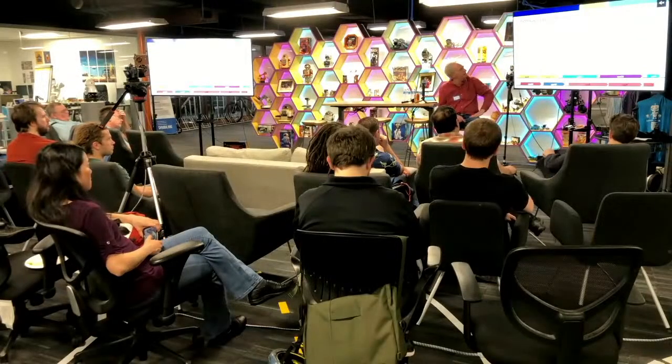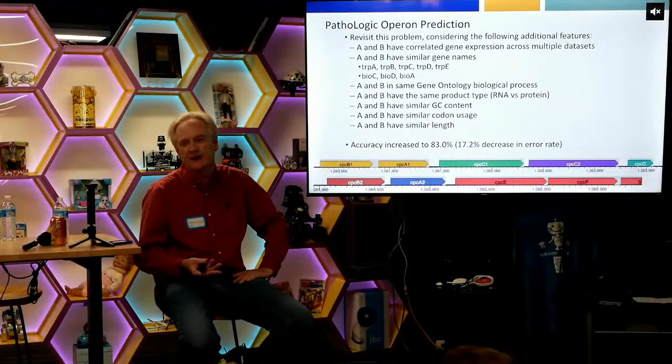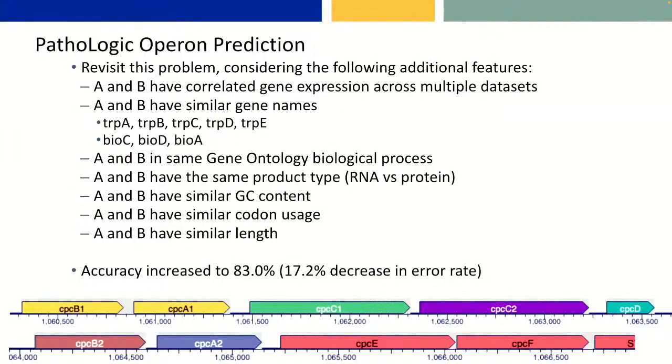So all of these features had a little bit of value, and none of them really improved accuracy that much. So our accuracy went from 79.6% to 83%. That's the best we've been able to do so far. But that is a 17% decrease in the error rate.